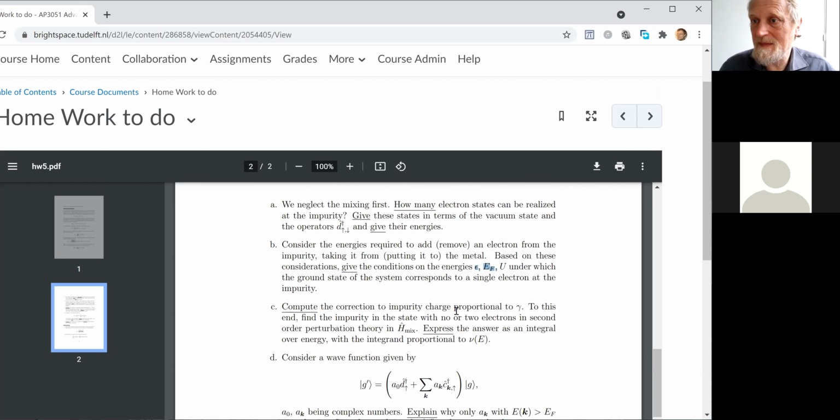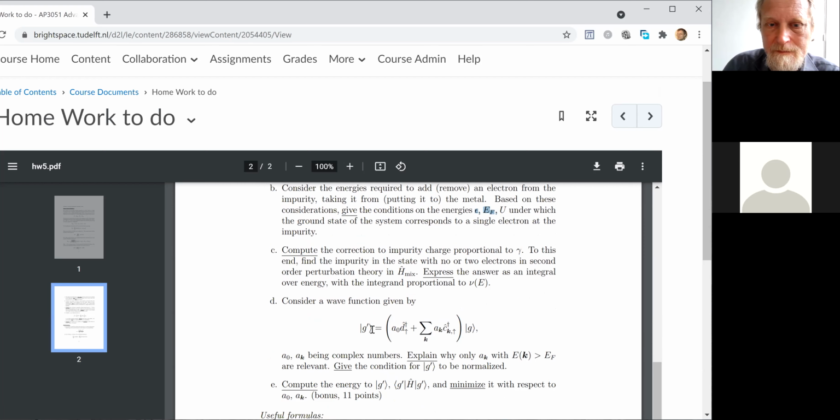So there are 3 or 4 possibilities, 3 equivalent possibilities, and one has to compare those and figure them out. The ground state of the impurity corresponds to a single electron. If there is a single electron, then the impurity is magnetic, right? It has spin which can look in different directions, so there is a simple realization of a magnet.